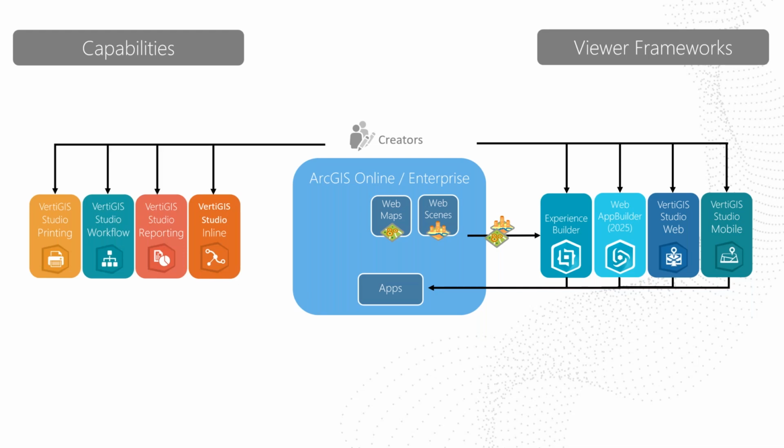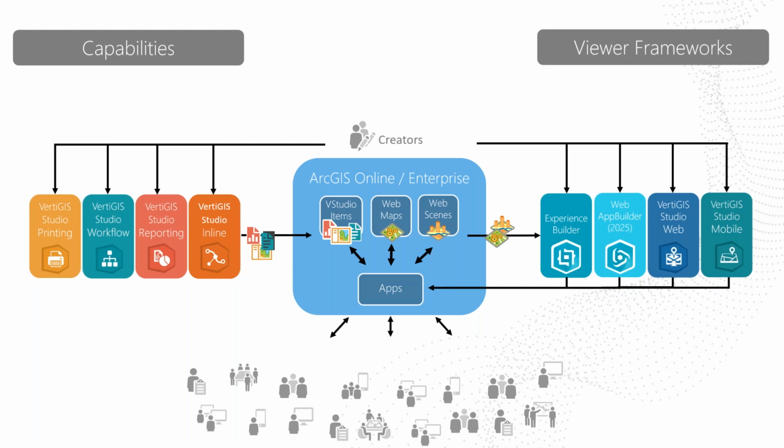Creators also have access to these applications or these templates, and they can design workflows, design print templates. These get stored as VertiGIS Studio items, as I mentioned before, which then can be added to the applications, which can then be shared amongst your users, be they in the office, be they in the field, or be they a mixture of, or even working from home.